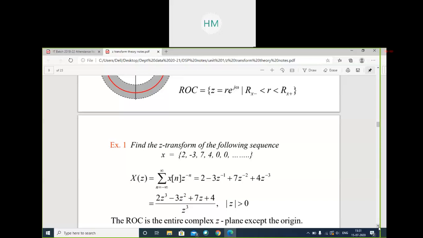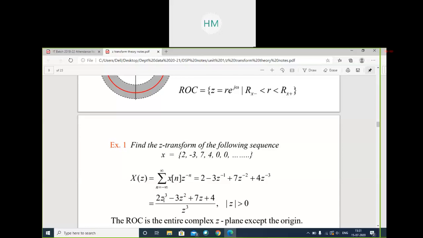So now what I have done, I have the equation: z to the power minus n, minus 1, here z to the power minus 1. Now I am converting the negative power to positive power. That's it we are doing. Z to the power minus 3 is my highest power, so I will multiply and divide by z to the power 3. All negative powers will get cancelled out and you will get the equation in numerator and denominator form. 2 is multiplied by z to the power 3.